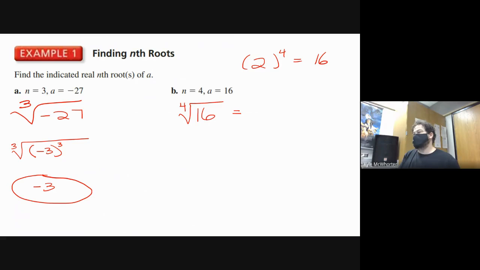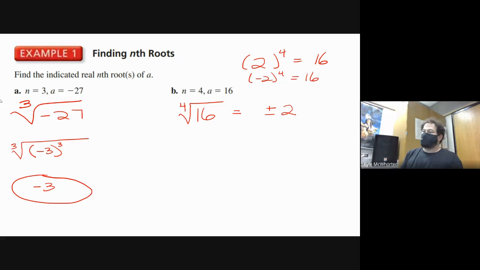That number is 2. 2 times 2 times 2 times 2 gives you 16. But since we have the 4th root and it's a positive number, we have to remember that it's plus or minus 2. So there's 2 real roots there. There's positive 2 and negative 2. Because positive 2 to the 4th equals 16, but negative 2 to the 4th also equals positive 16, because there's 4 negatives that you're multiplying, so your answer will be positive.